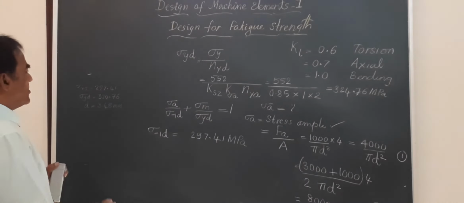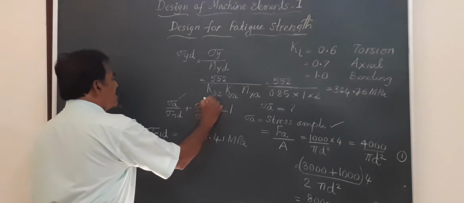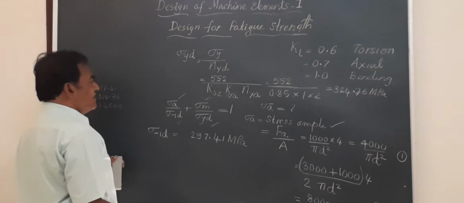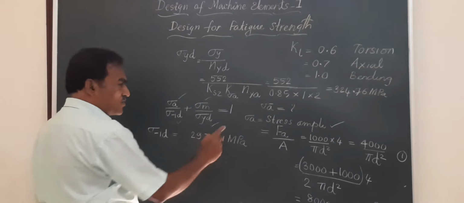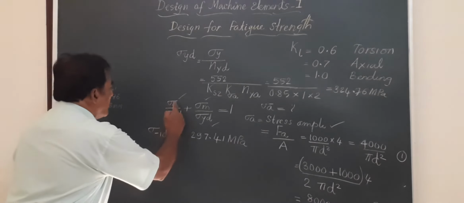Friends, we have got all the 4 parameters: sigma A, sigma m, sigma minus 1d and sigma yd. So let us substitute all these in this equation of Soderberg's and get the value of d. So friends, I am substituting all the values.